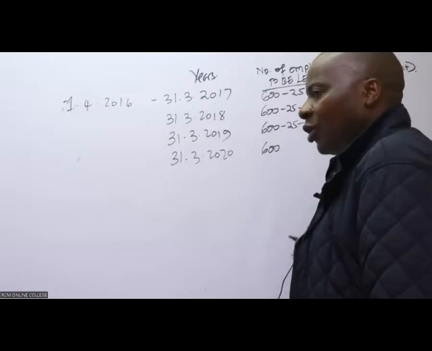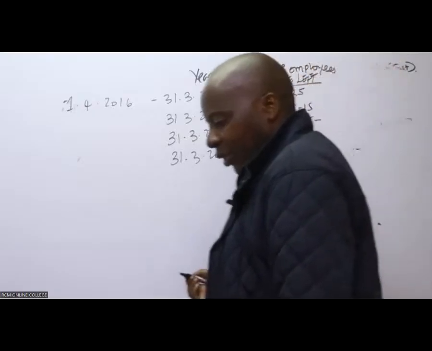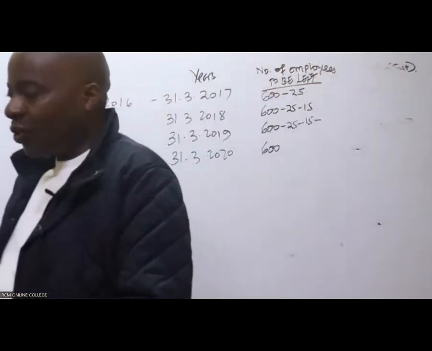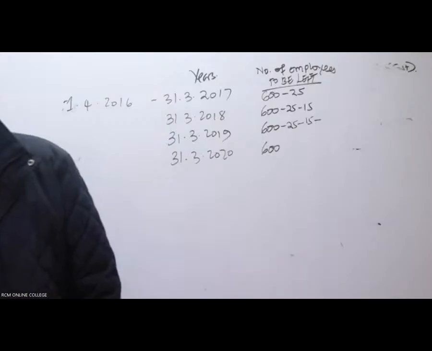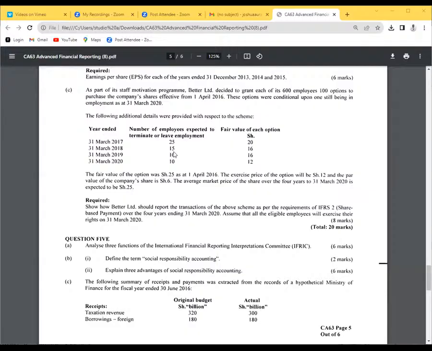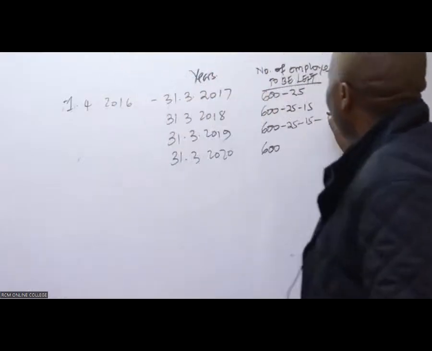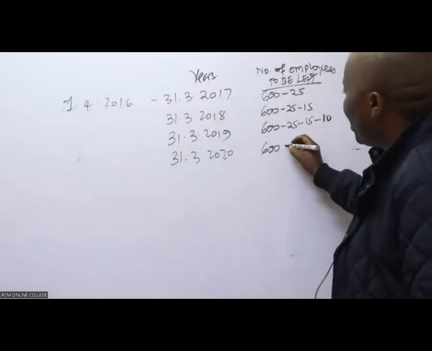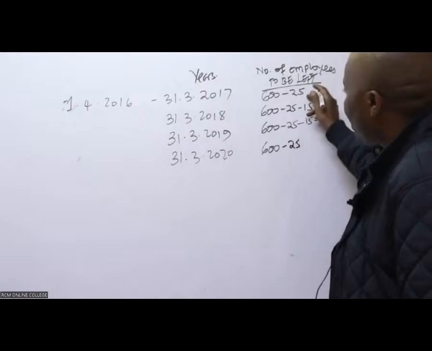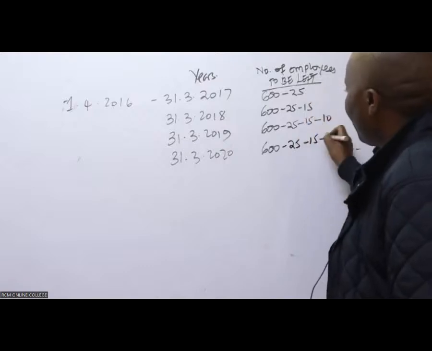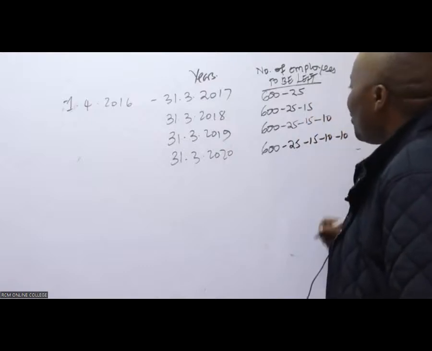This was a straightforward one, without any complications. In year 3, the guys we expect to leave are 10. Then in year 4, the last one, it will be minus what we lost here, minus what we lost there, minus 10 again.